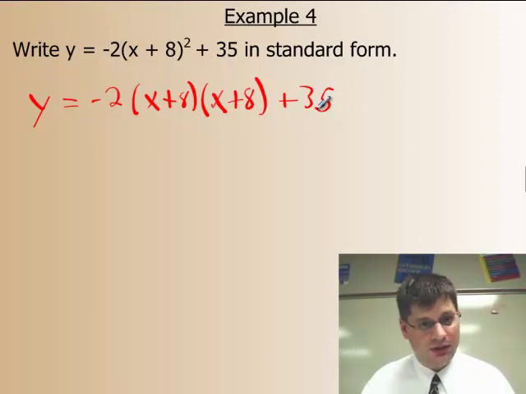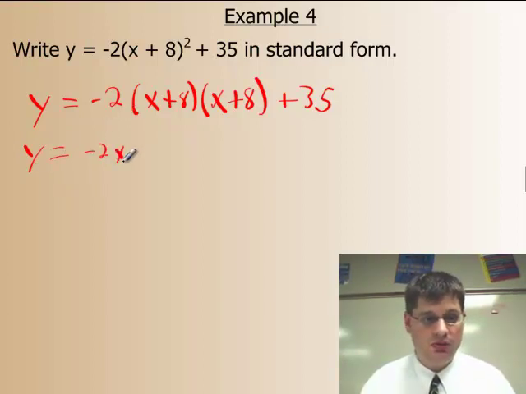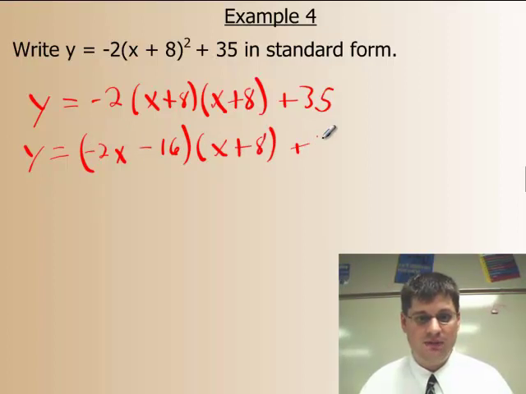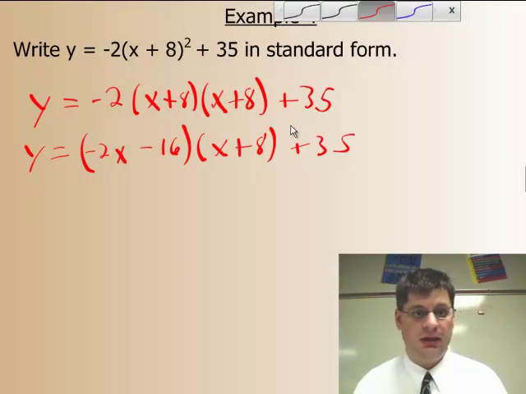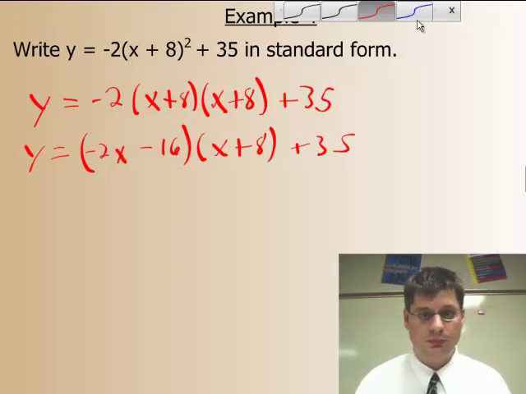So, with that being said, we're now going to just work this out. I'm going to distribute the negative 2, so negative 2x minus 16 times x plus 8 and then plus 35. Now we will multiply the binomials together.